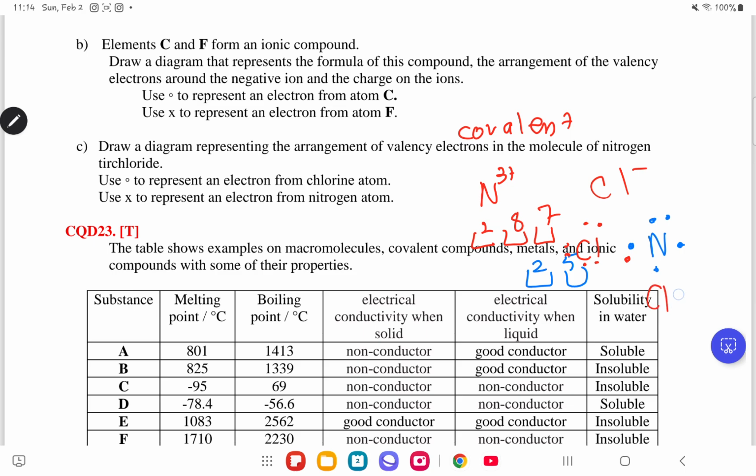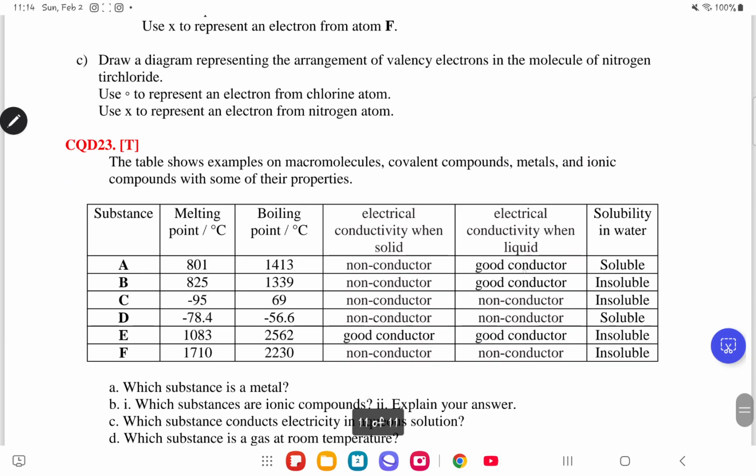Then also Cl, 1, 2, 3, 4, 5, 6, and 7. And as well here, 1, 2, 3, 4, 5, 6, and 7. And as you can see, it formed the bonds in the intersection. And that's pretty much it for part C.